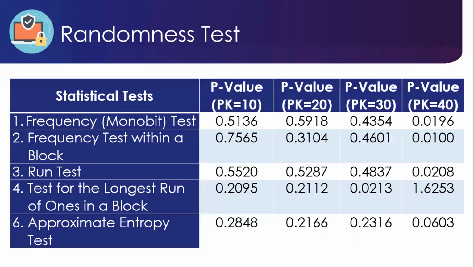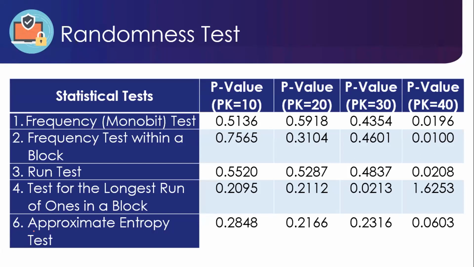Then again, another test that I made is from the NIST. Sorry for that, it is 5 approximately. So we have the frequency monobit test, the frequency test within a block, the runs test, the test for the longest run of ones in a block, and number 5 is the approximate entropy test.